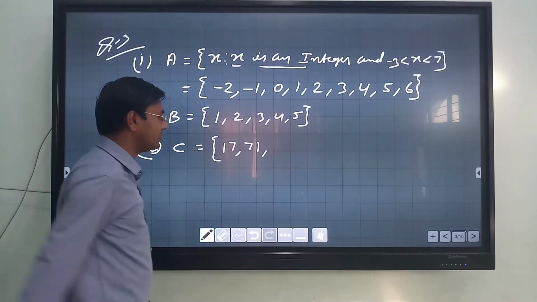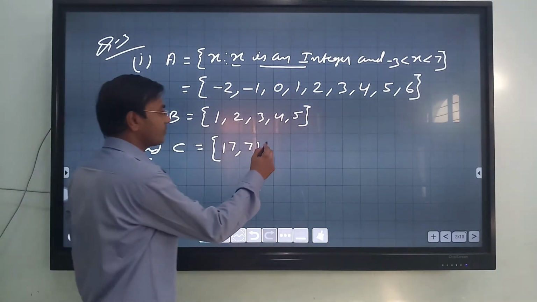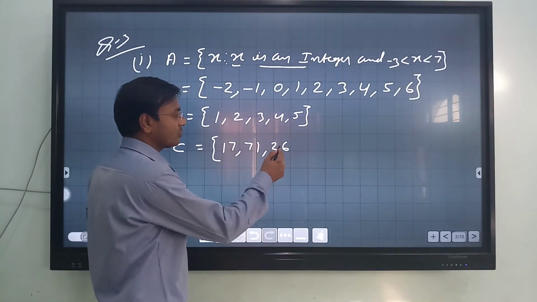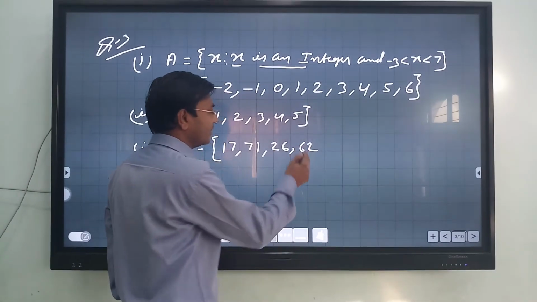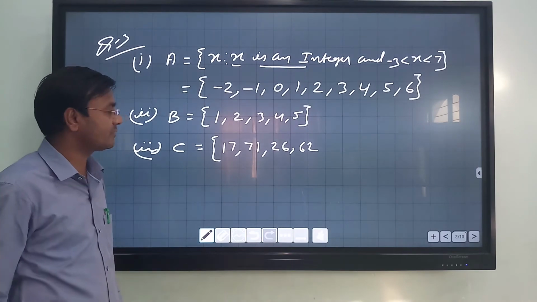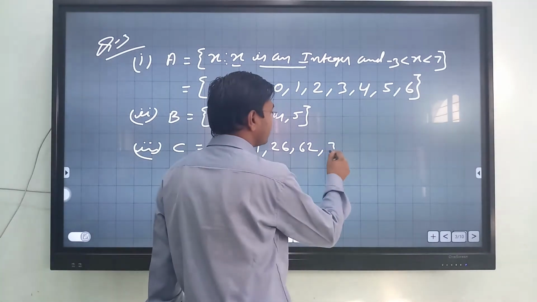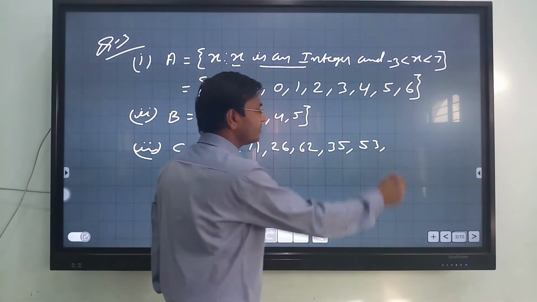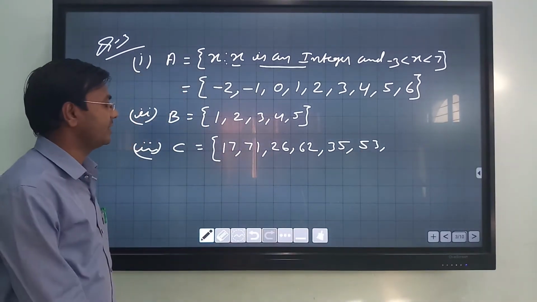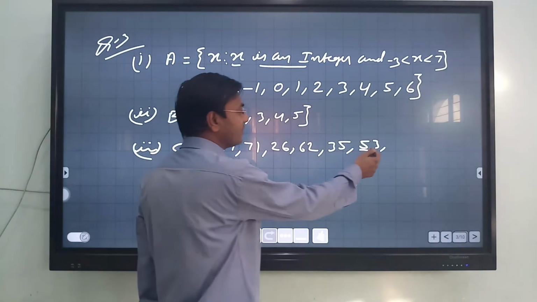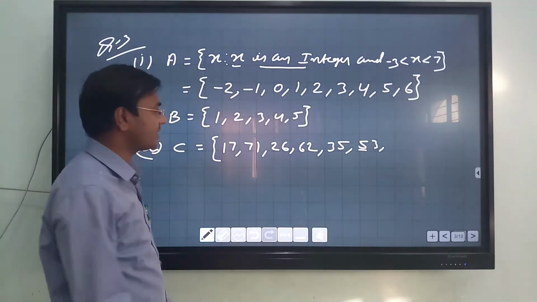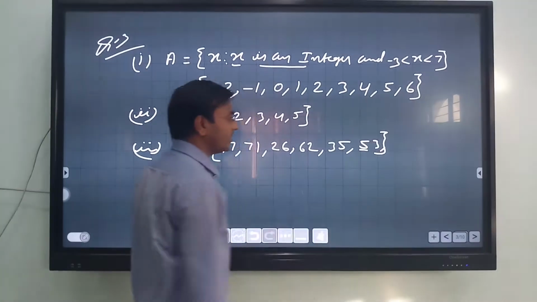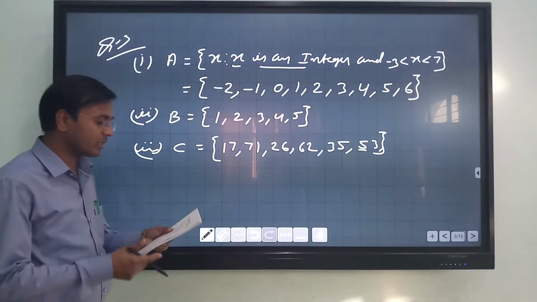Next, 2, then we have to write 6. 26, 2 plus 6 is 8. So the reverse of the digits, 62, also gives 8. Next 35, 3 plus 5 is 8. So reverse the digits, that is 53. Next number after 5 will be 6, that is 62, already taken. So these are the only 2-digit numbers whose sum is 8.